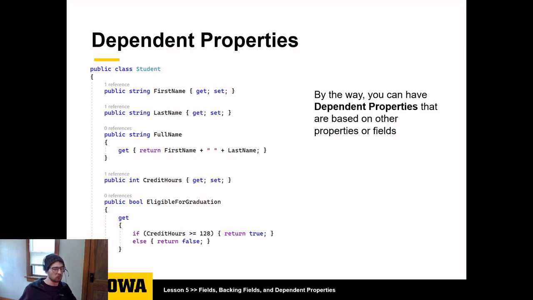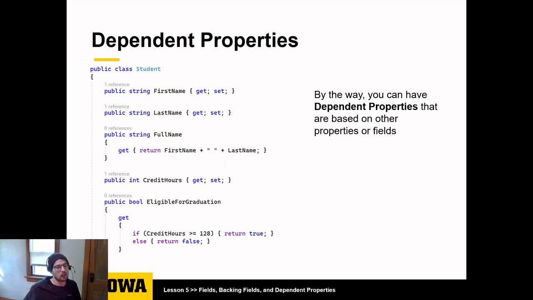For example, the full name property: if the user asks, can you give me the value of the full name property for this student? Well, we don't need a backing field to store the full name, and we don't need full name to store any value either. We just want to provide instructions to say, if someone asks for the full name property, we just take the first name and the last name and combine them with a space.